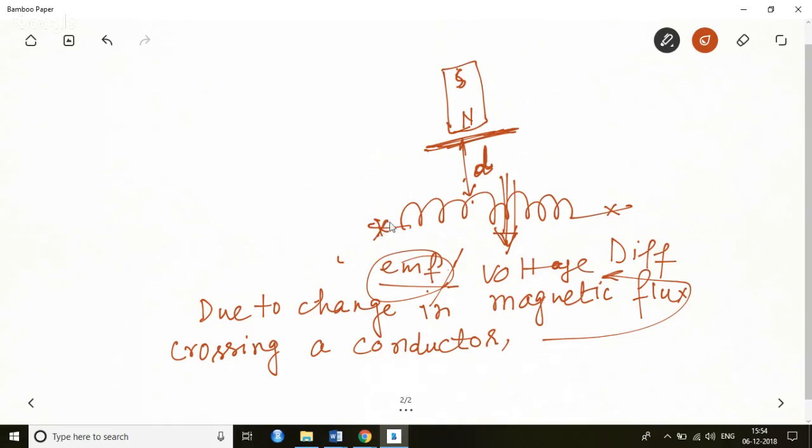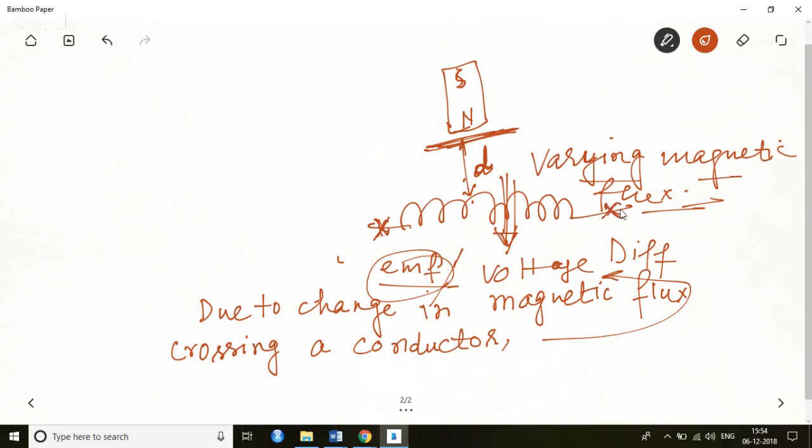So what am I doing? I am putting this particular current carrying conductor in varying magnetic flux, and due to this varying magnetic flux, a voltage difference is induced across its terminals.